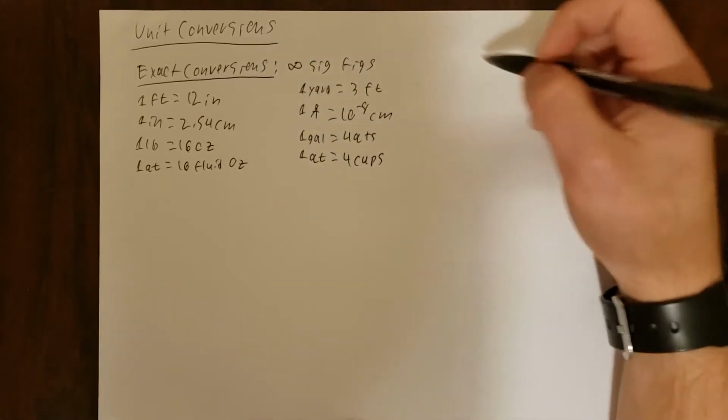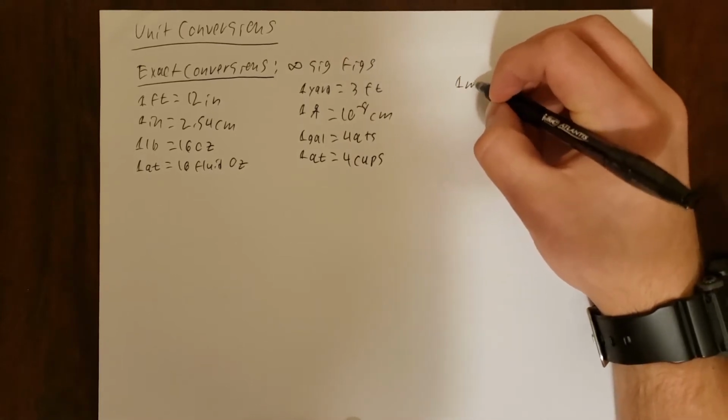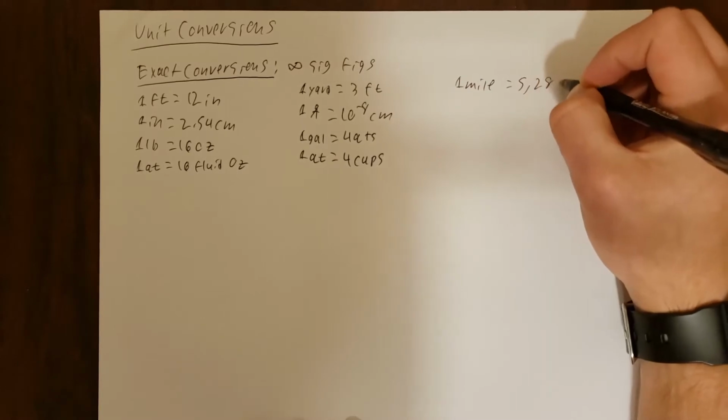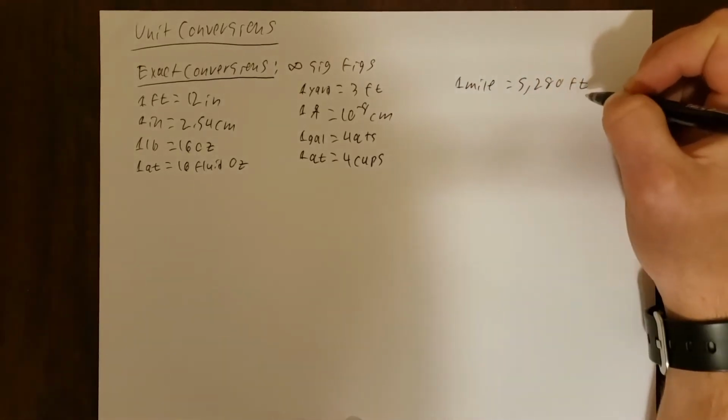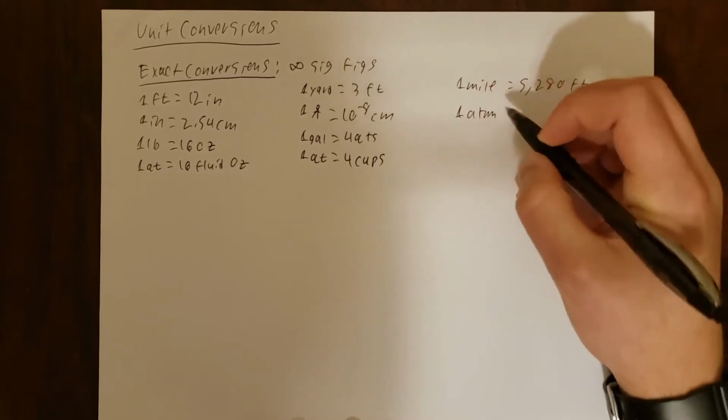Now, for the last three, we know that 1 mile is equal to 5,280 feet.